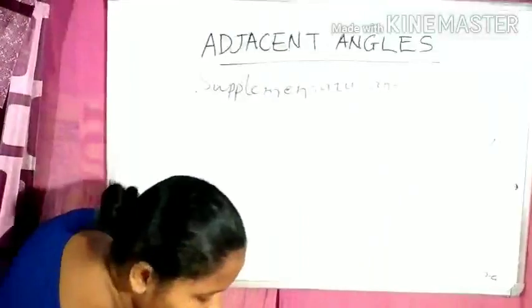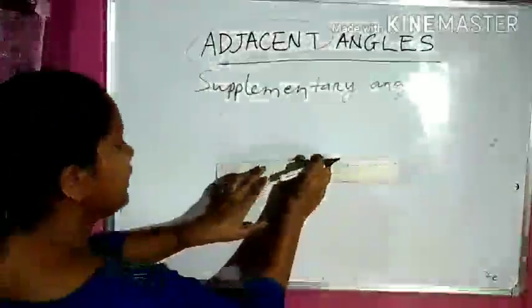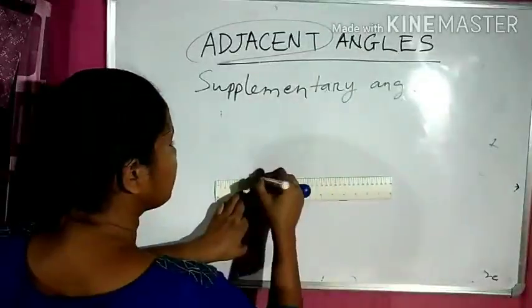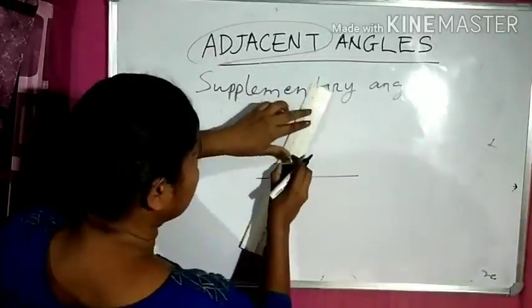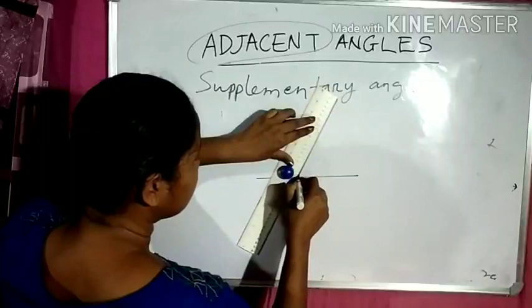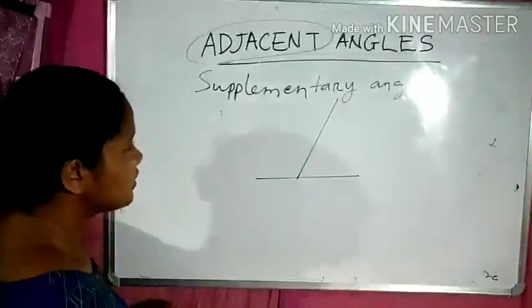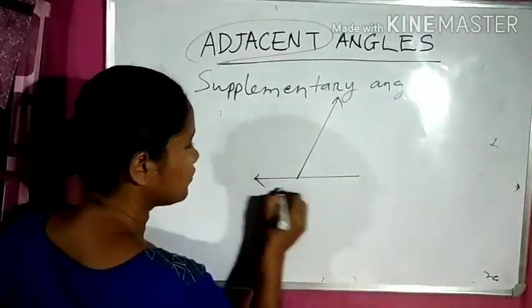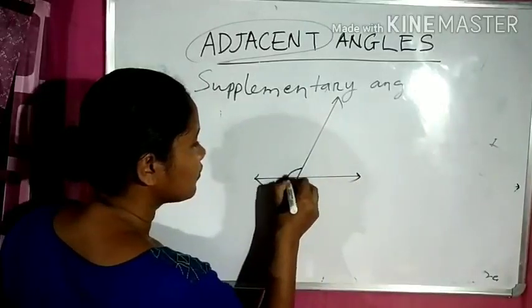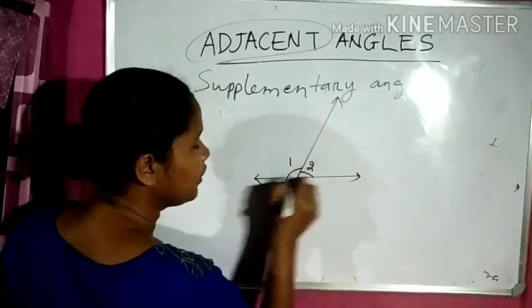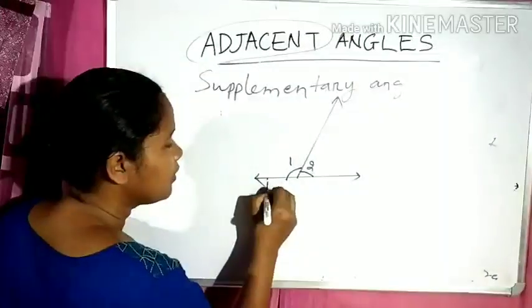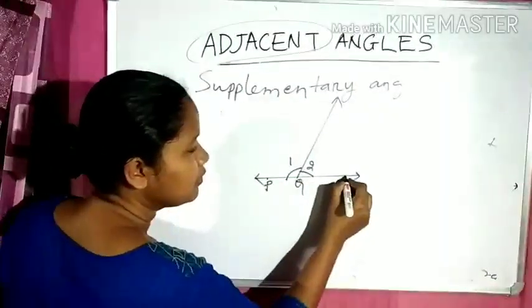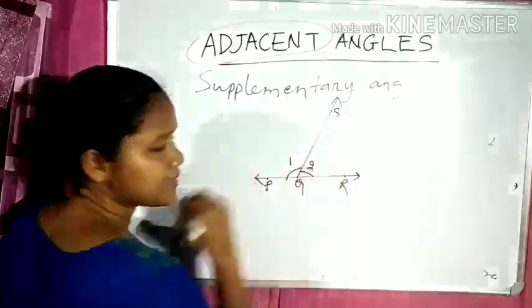So first we'll draw supplementary angles: angle 1, angle 2. Name the points P, Q, R, S.